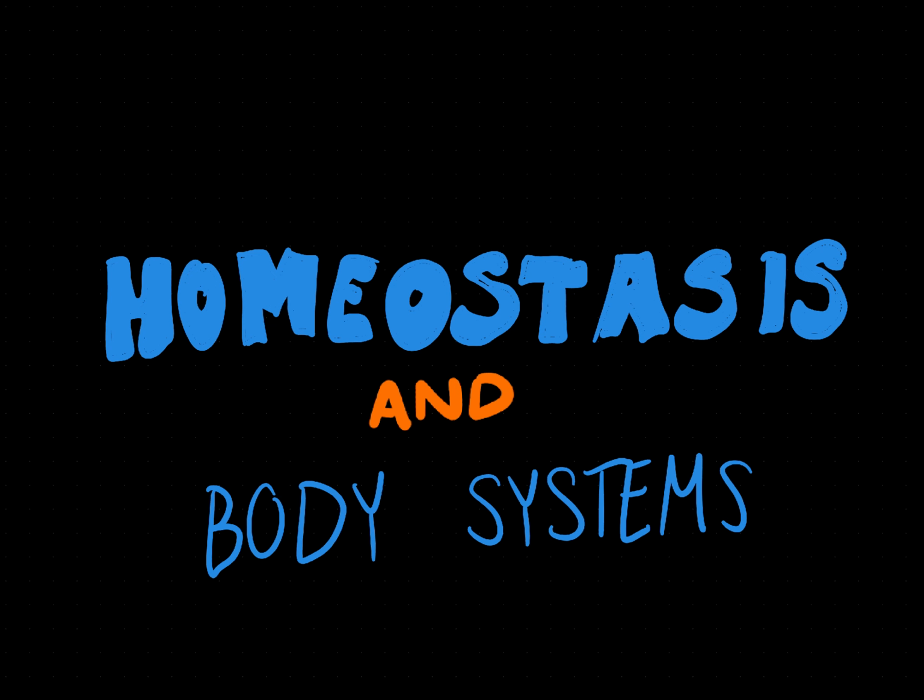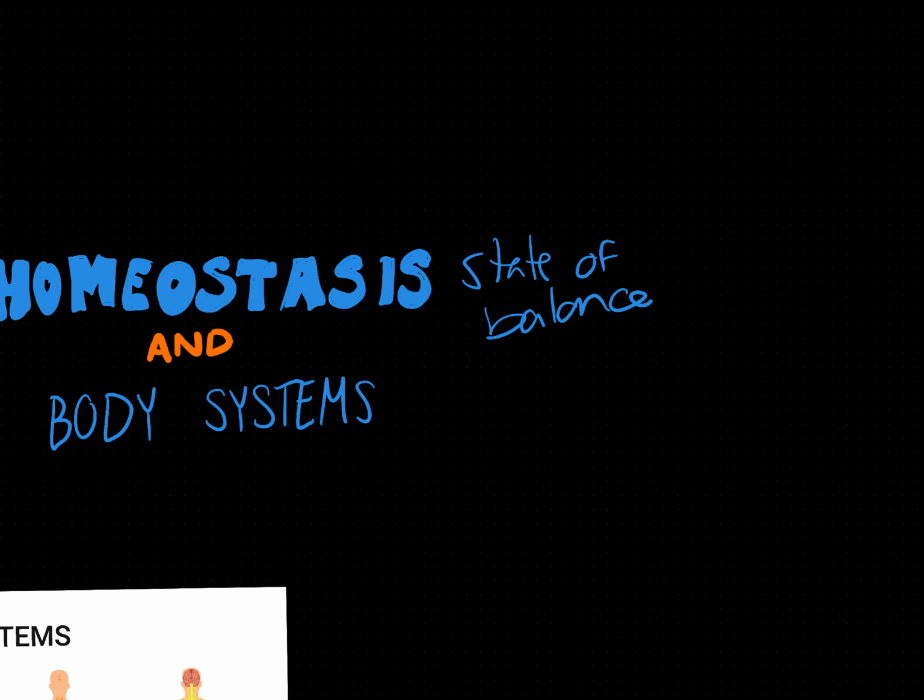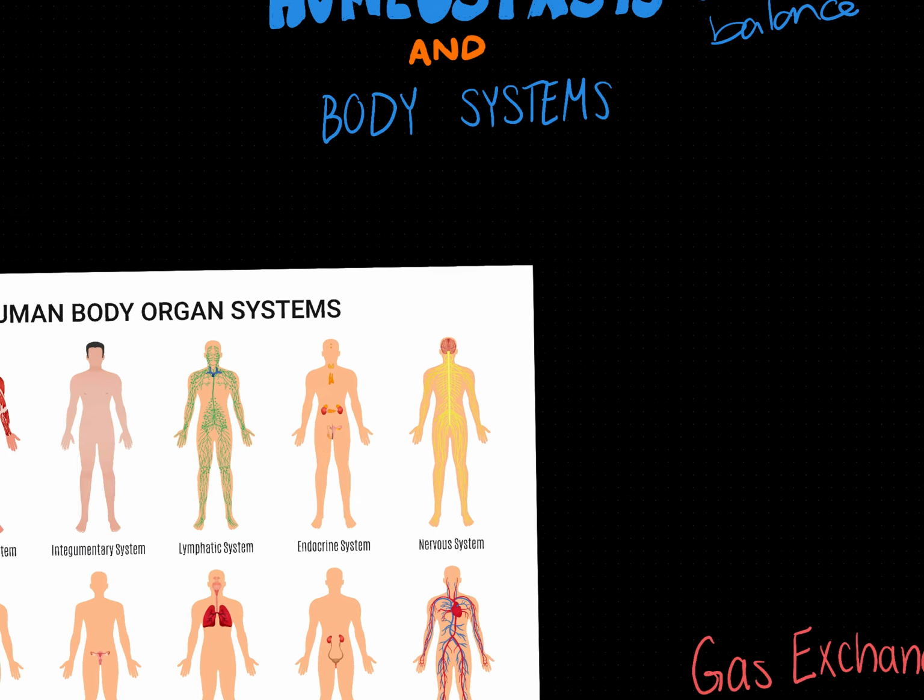And now we're going to talk homeostasis and body systems. We know homeostasis is a steady state of balance in our body, and it is maintained by our body systems.